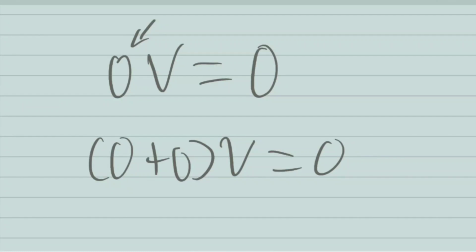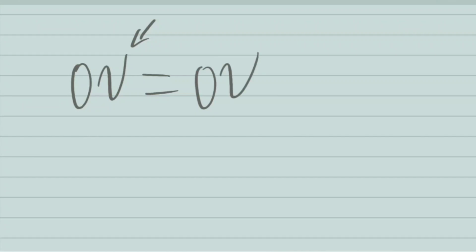Actually, I'm presupposing that this is equal. So I'm going to start with nothing. Okay, let's just take 0 times v, and we'll say it's equal to 0 times v, which is true.